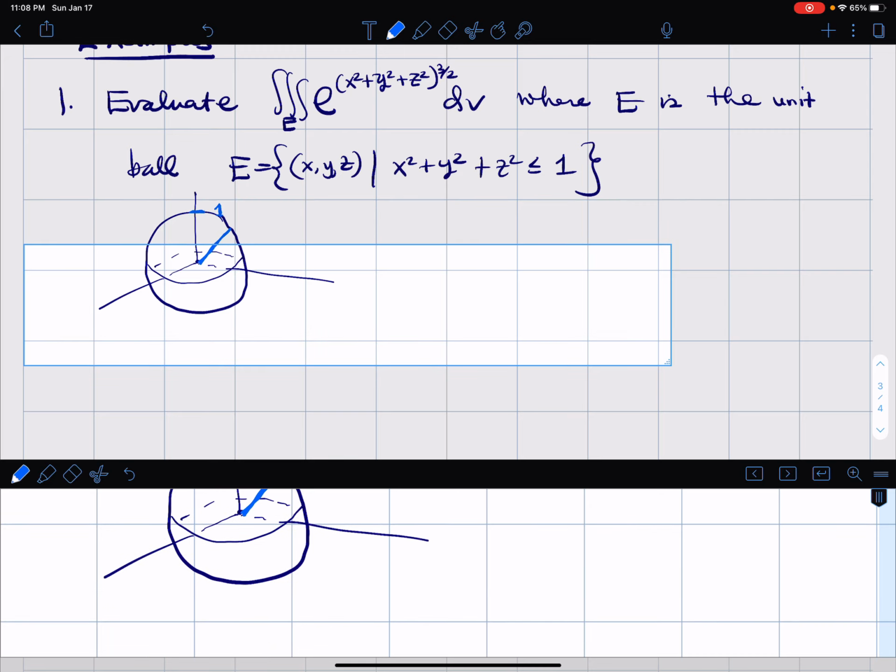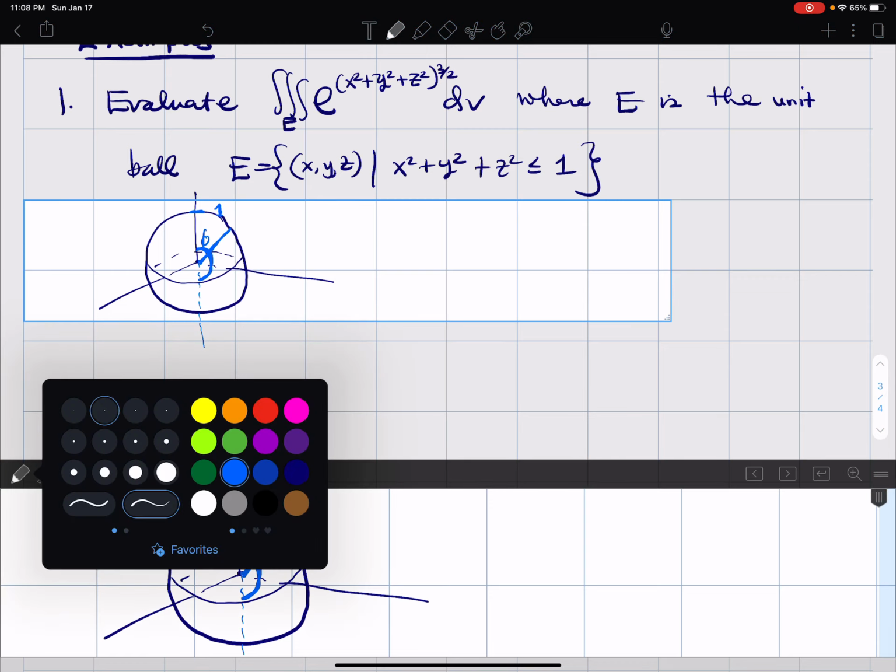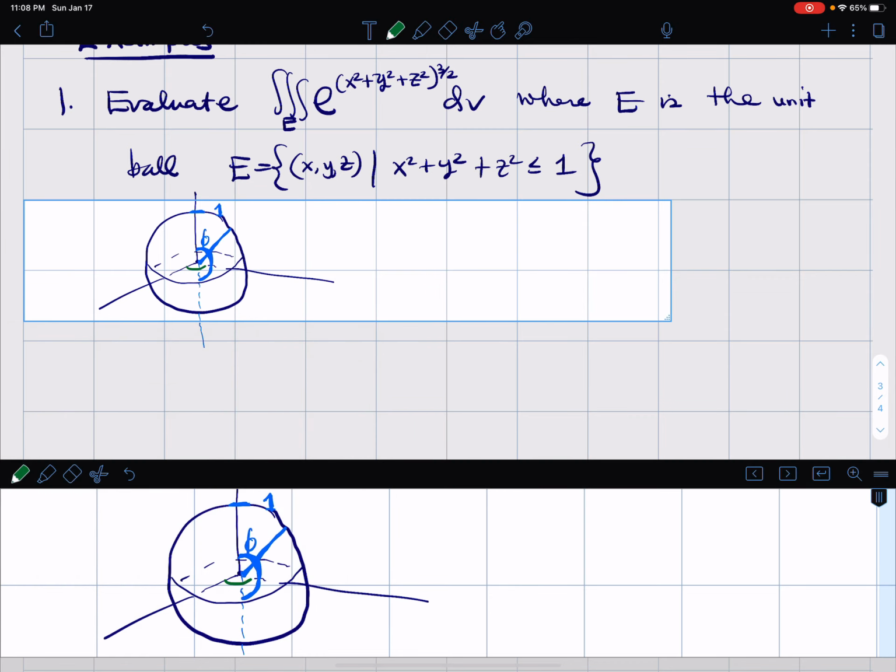Phi is the angle it makes with the z-axis. Sorry, this is phi. Phi goes from 0 to pi. And now theta is the angle it makes with the x-axis. So theta can go from 0 all the way to 2 pi.